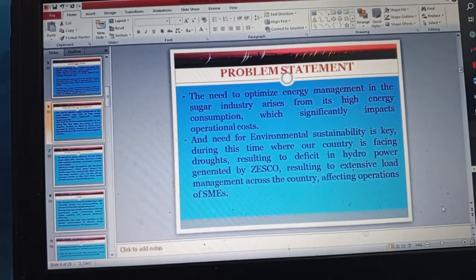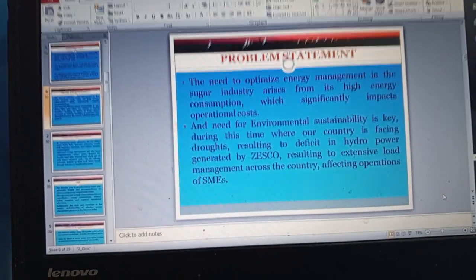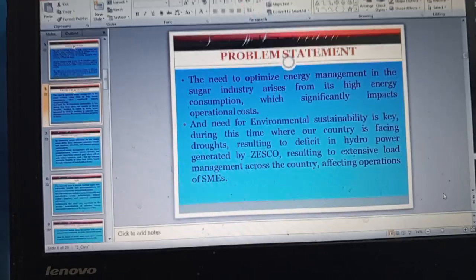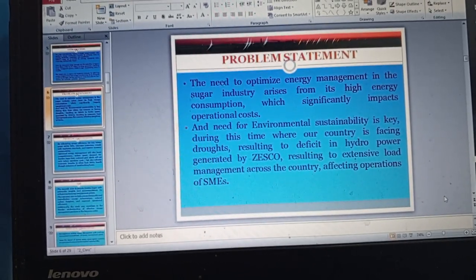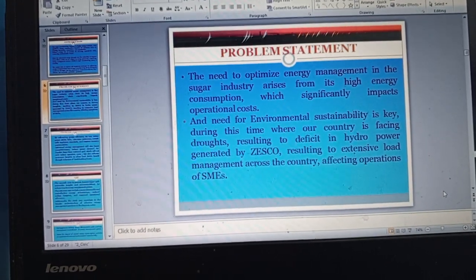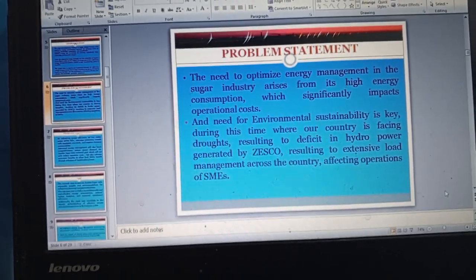Obviously we have seen what we are passing through as a nation, where we have even gone to an extent of having about 21 hours of load shedding.